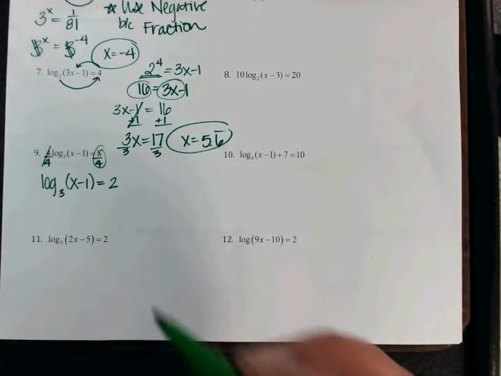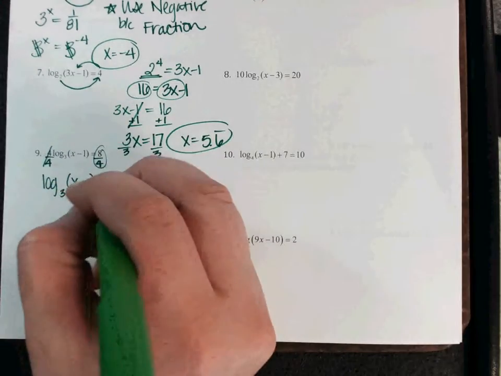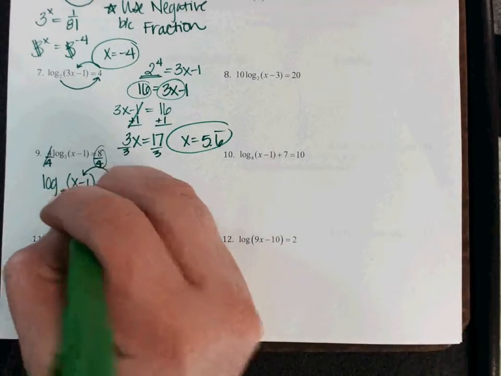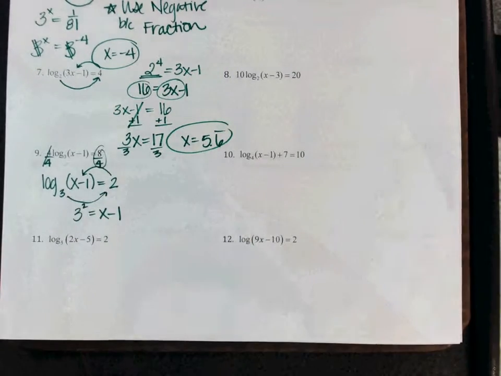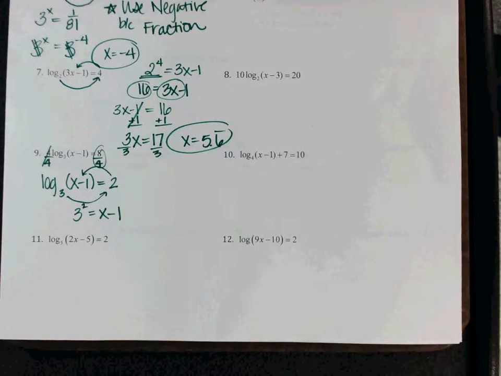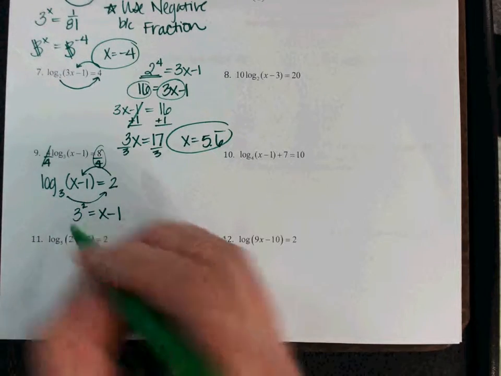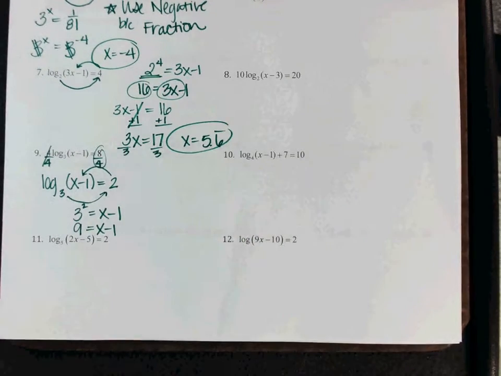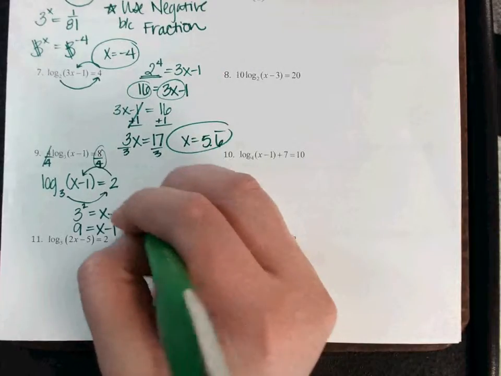So it'll be 3 up to the 2, back around equals x minus 1. When I notice that my x isn't little, I need to bring 3 squared back to normal numbers. 3 squared is how many? 9. So 9 is x minus 1. And then how do I get rid of the minus 1? Add it across, so x is 10.